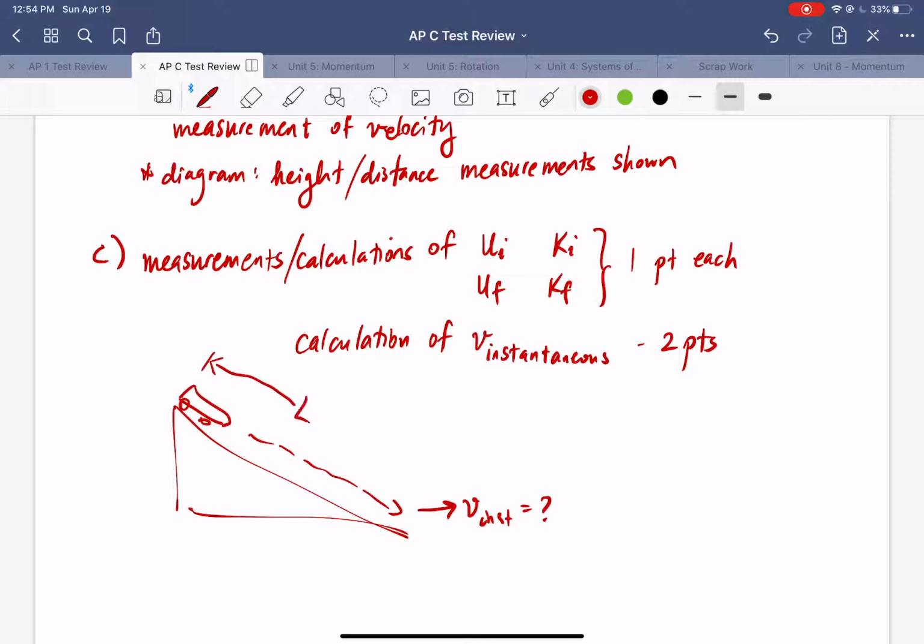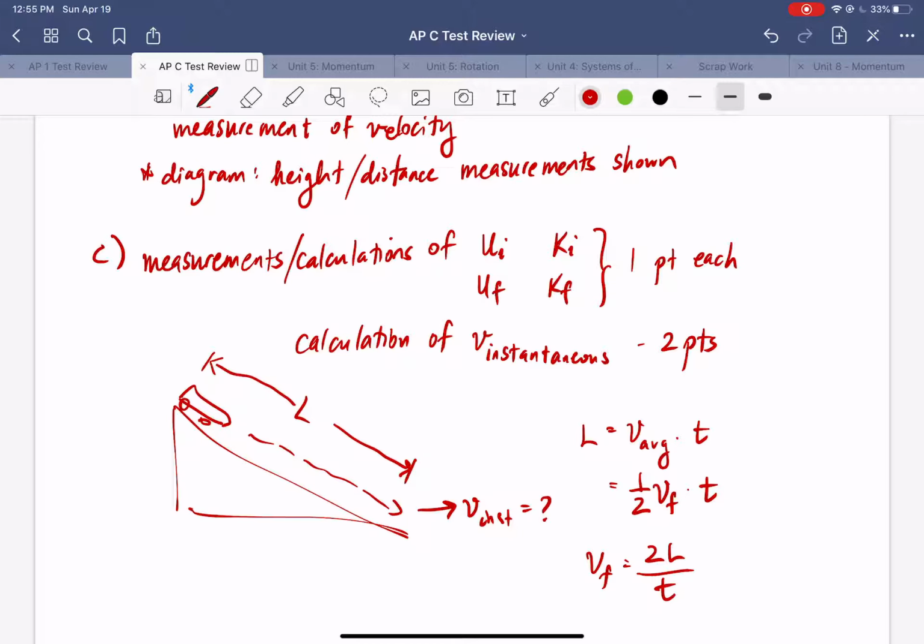Well, if we know the length traveled by the cart and we know the time, we know that the distance traveled is equal to the average velocity multiplied by time, assuming uniform acceleration and an initial velocity of 0. The average velocity is going to be 1/2 the final velocity. So we can say the final velocity will be 2 times the length of the incline divided by time. So that would be an example of what you would describe for that sort of experiment.